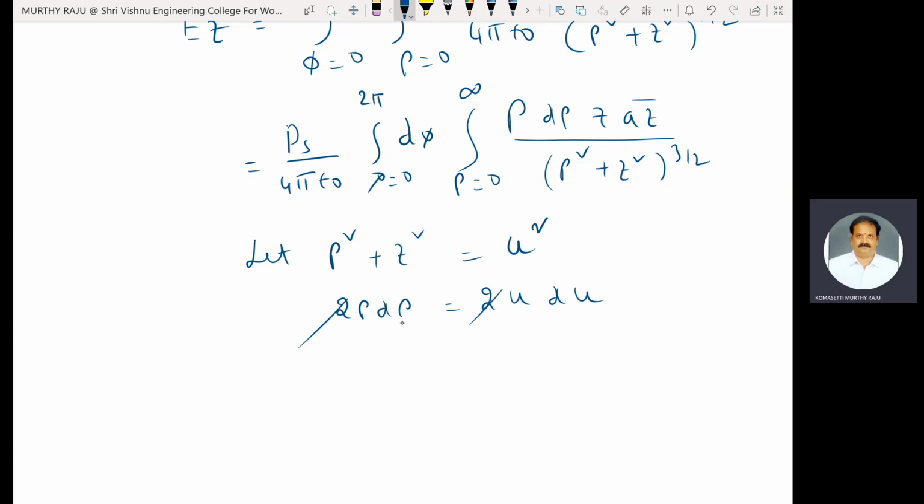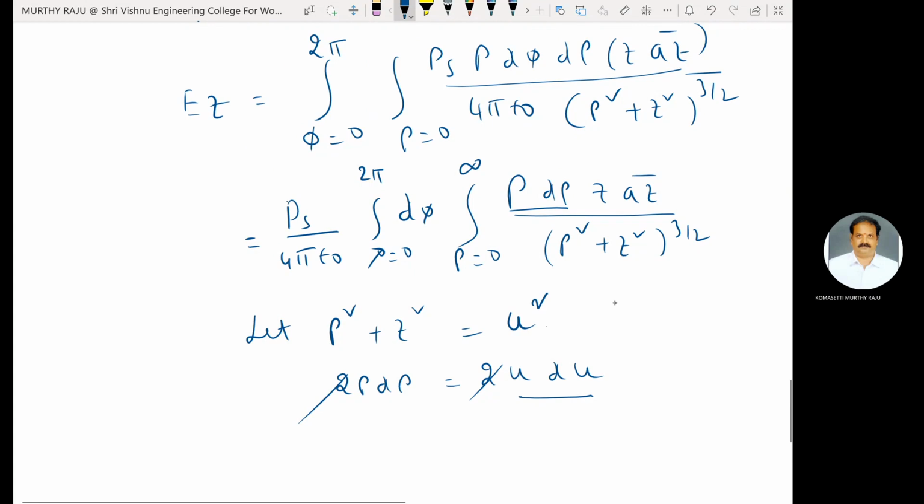The 2 cancels, therefore rho d rho is replaced with u du. Rho square plus z square to the 3 by 2 is u cube. Simplify this.